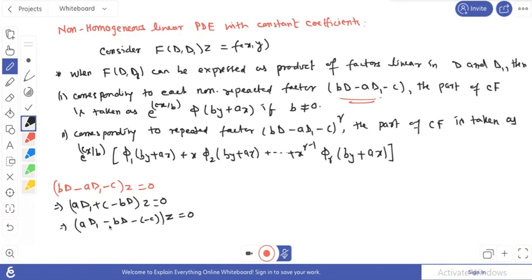So for this reason, d1 is a function of del over del y.